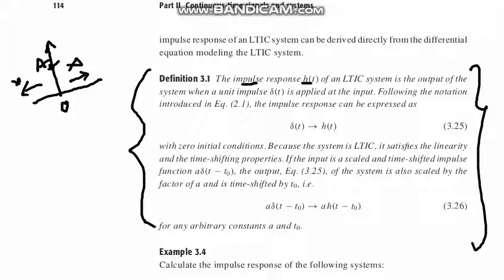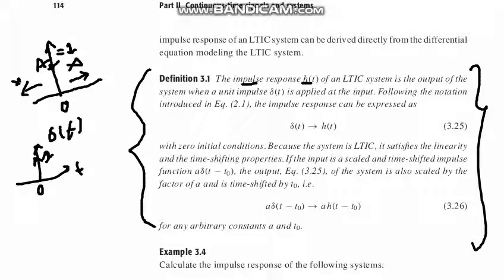These kinds of things are known as impulses. If the value of a is equal to 1, that is known as the unit impulse. It is one kind of function, the unit impulse function. At the point of time t equal to 0 it is 1, and this function is denoted by delta(t). Delta(t) means unit impulse.